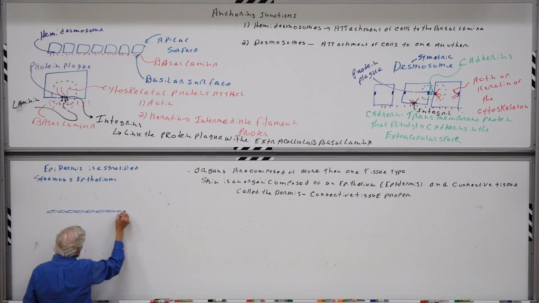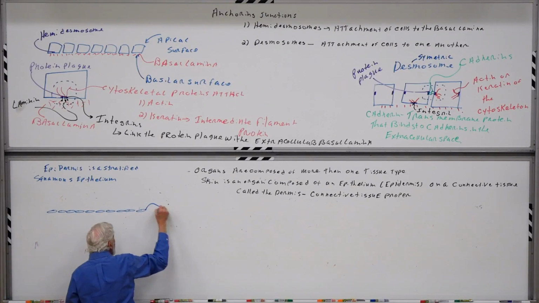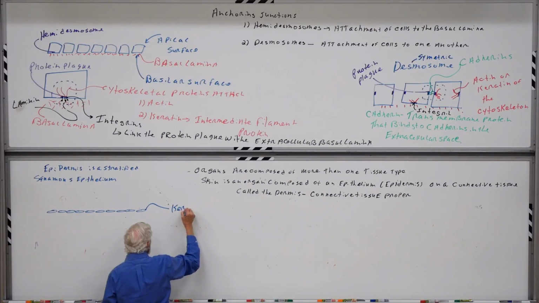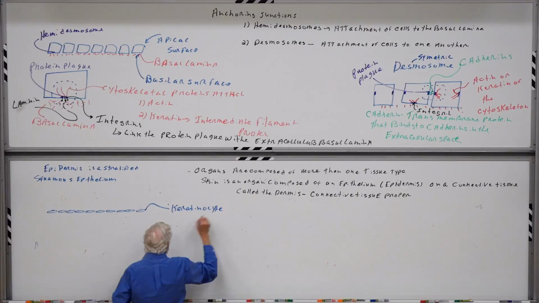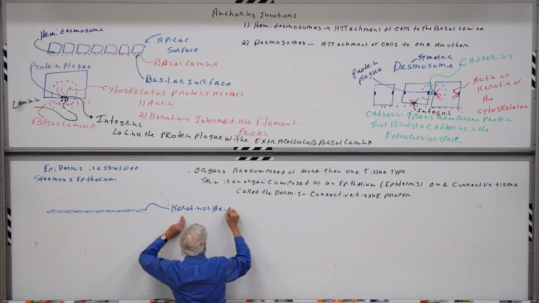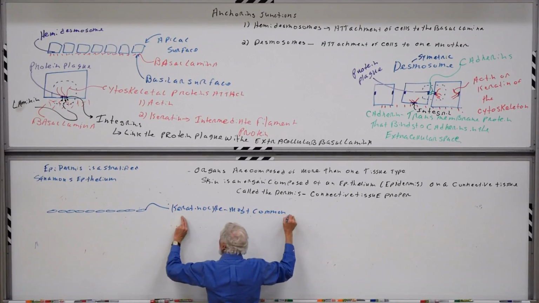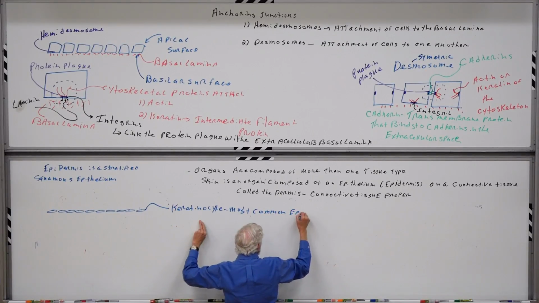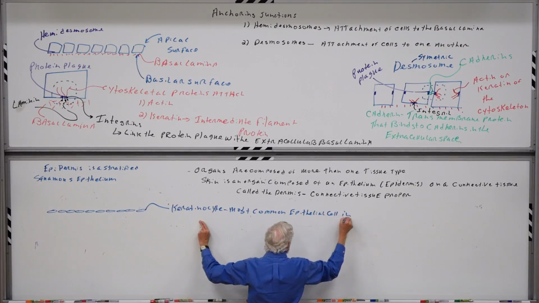And these sort of ovals are going to be a particular cell type called a keratinocyte. And the keratinocyte is the most common or most numerous epithelial cell in the epidermis.